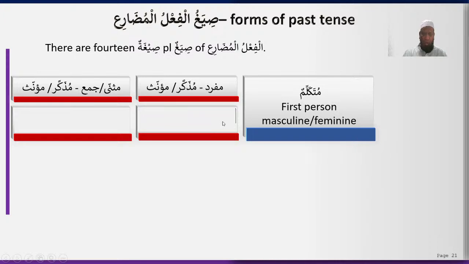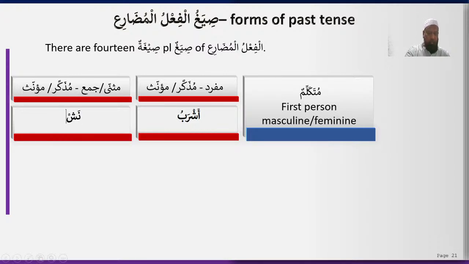And for the متكلم siga, أشرب, the علامة of رفع is الضمة الظاهرة والفاعل ضمير مستتر وجوبا تقديره أنا.